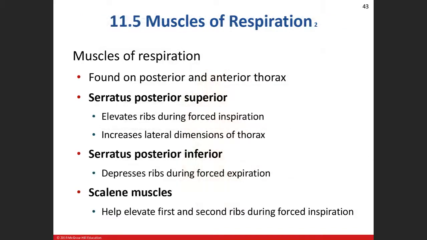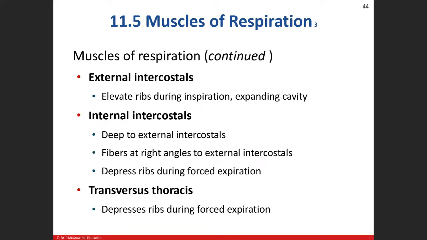All right? The scalene muscles, all right, attach onto the first and second ribs. So when you contract those muscles, they help to elevate the first and second rib. So they too will help with forced inspiration. Okay. Our external intercostals will elevate the ribs up and out during a regular inspiration. All right.